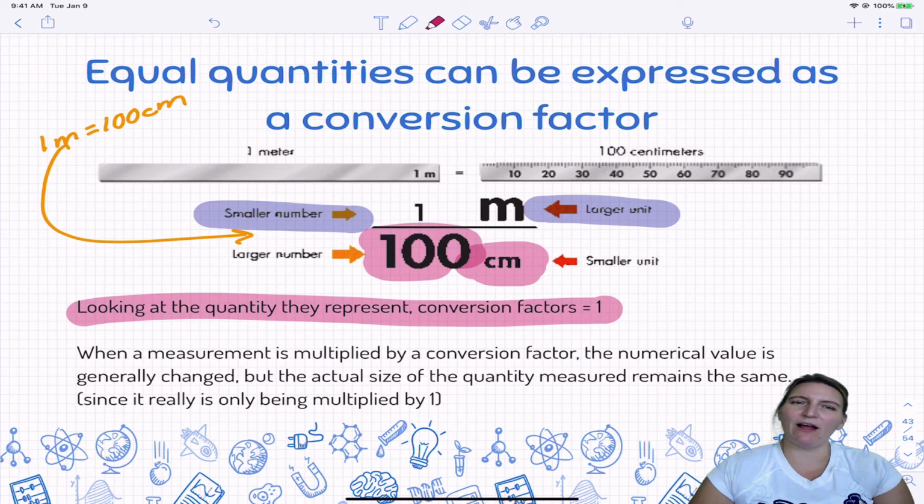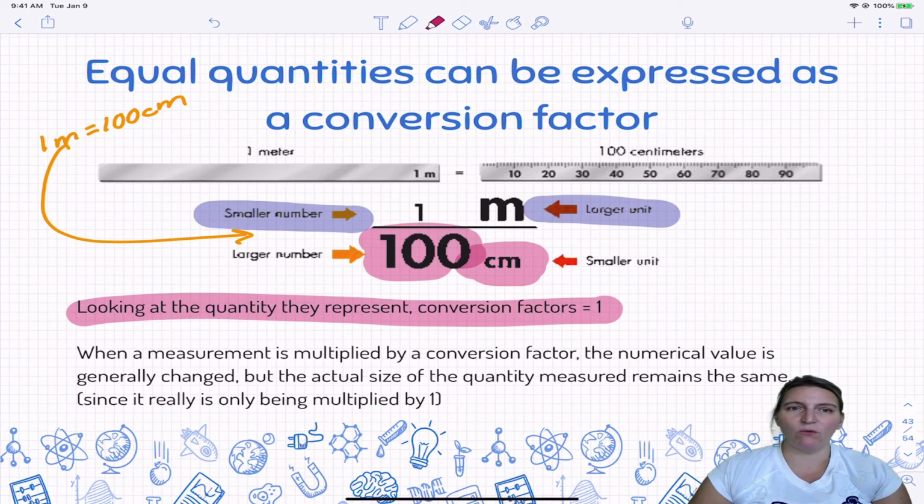It seems weird. How can 1 over 100 equal 1? Well, in science, numbers have units. So 1 over 100 doesn't equal 1. But 1 meter over 100 centimeters, those are the same quantities of length.